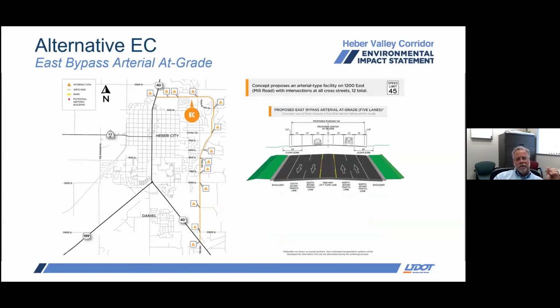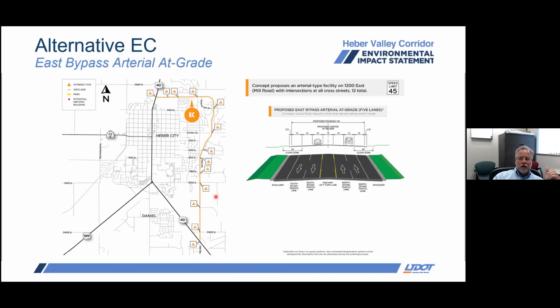Then our final east bypass alternative is an east bypass arterial at grade alternative. This is our lowest speed east bypass alternative with the most connections to the local road network. With this alternative, the speed limit would be 45 miles per hour. And you can see all the different intersections that would be along this alternative that we've highlighted with the orange triangles.